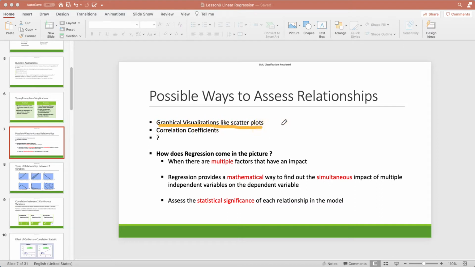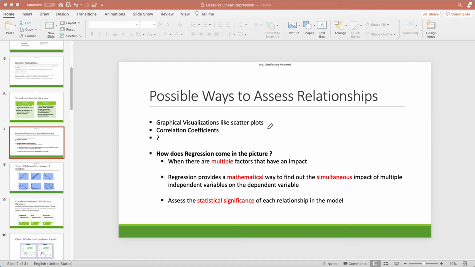If you have two numeric variables and you want to find out their relationship, you can create a scatter plot. A scatter plot can tell you what happens when y increases, does x increase or decrease, or what is the strength of the relationship. We will discuss this a little bit as well.